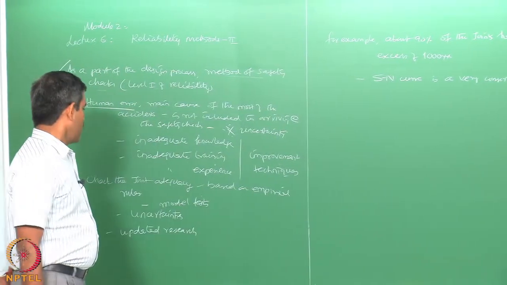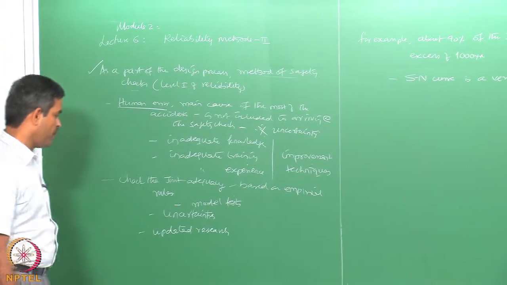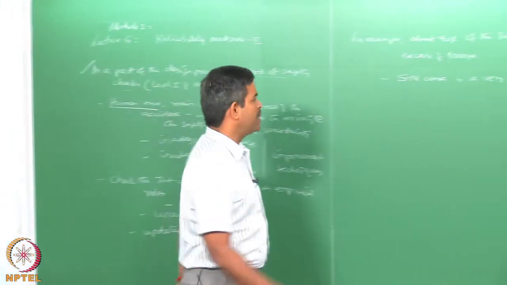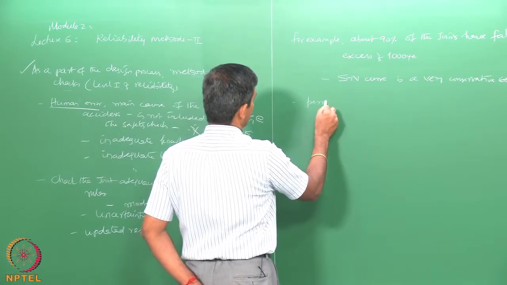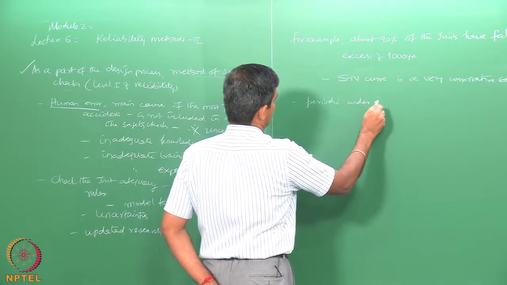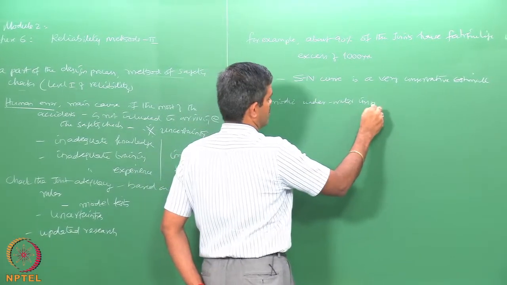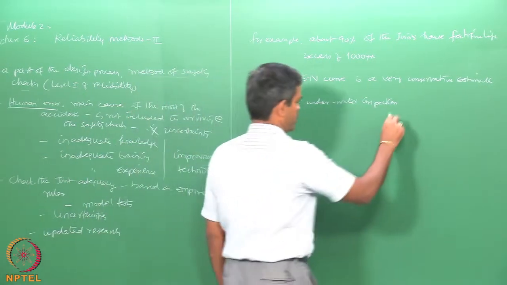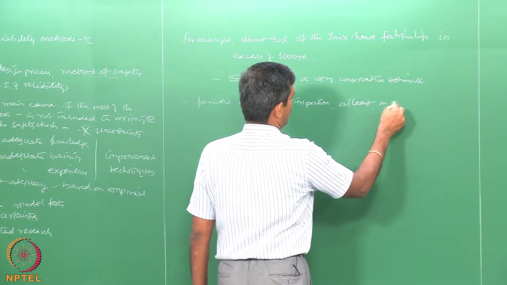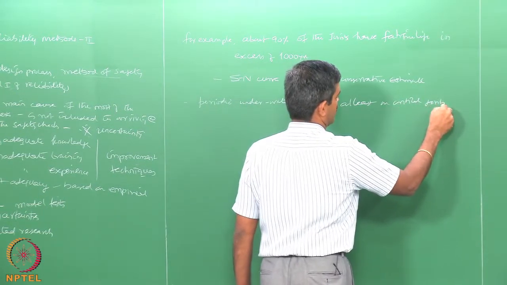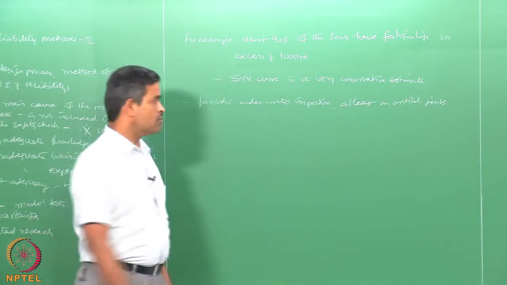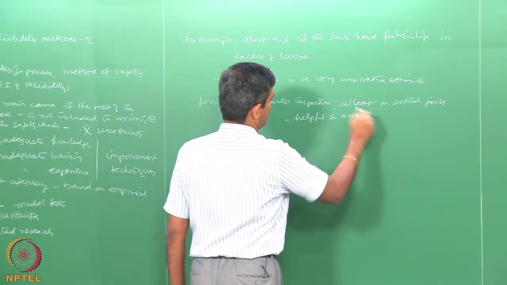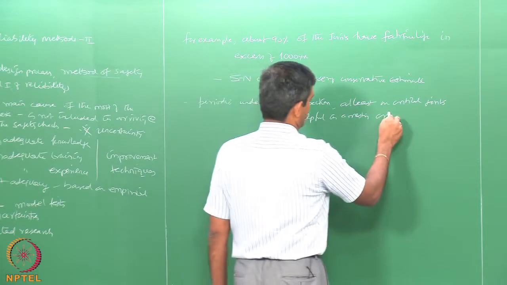The other way by which uncertainties arising from the checking process can also be overcome is by doing periodic underwater inspection, which can address some issues related to critical joints, at least on critical joints, because this will be helpful in arresting the crack propagation.